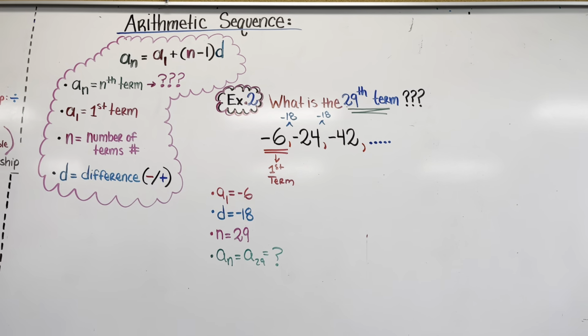Now, all we're going to do is plug in these terms inside the formula. That's it. So A1 is -6, so I got that, plus parentheses N, which, remember, was 29 total terms, 29 minus 1, parentheses closed, times the common difference, which is D, which is -18.